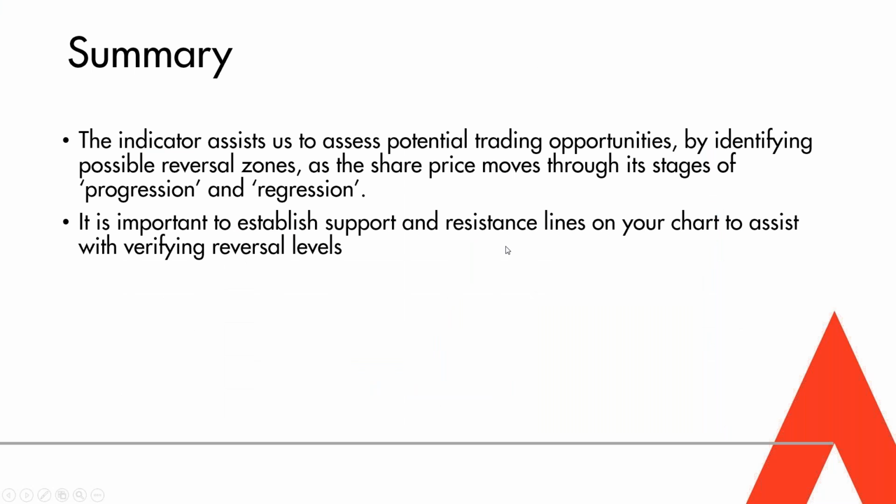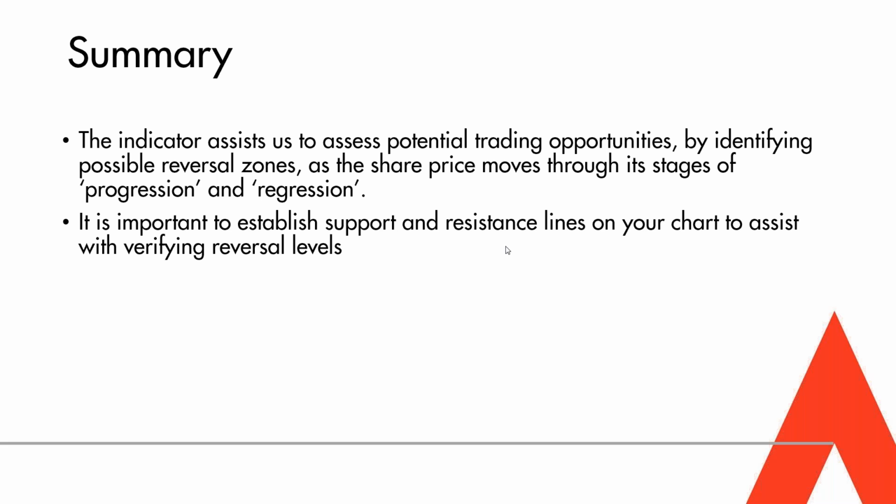In summary, the indicator will assist you in assessing potential trading opportunities by identifying possible reversal zones and/or support levels as the share price moves through its stages of progression and regression. It's important to establish key support and resistance lines on your chart to assist you with verifying the reversal signals.